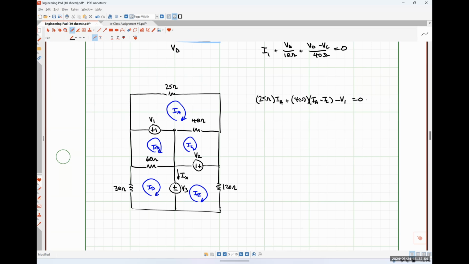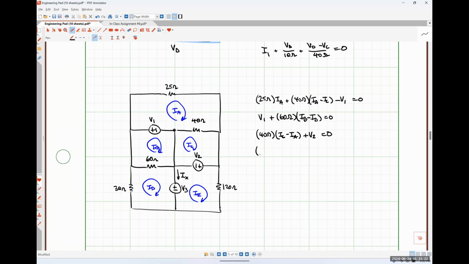Around mesh B, that's going to look like V1 plus 60 ohms times (IB minus ID). Around mesh C, I'm going to have 40 ohms (IC minus IA) plus V2.